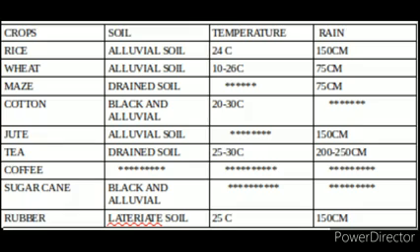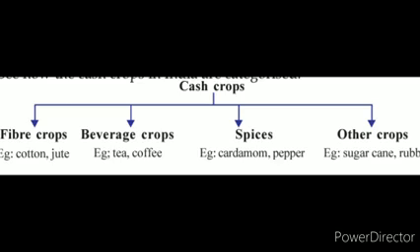Generally, the agriculture crops can be divided into two, food crops and cash crops. First of all, we will discuss the details of food crops like rice, wheat, and maize. Then secondly, we will discuss the details of cash crops like fiber crops, beverage crops, spices, and other crops like sugarcane and rubber.